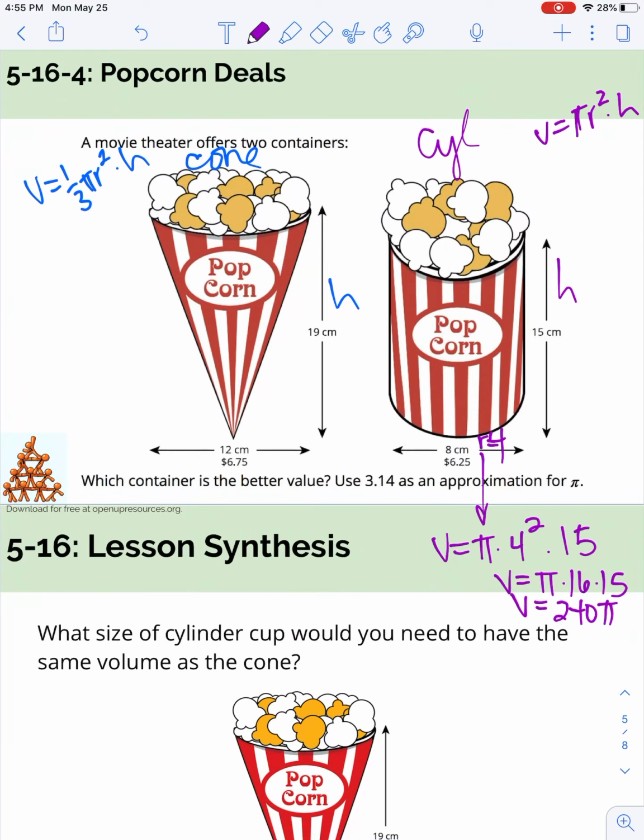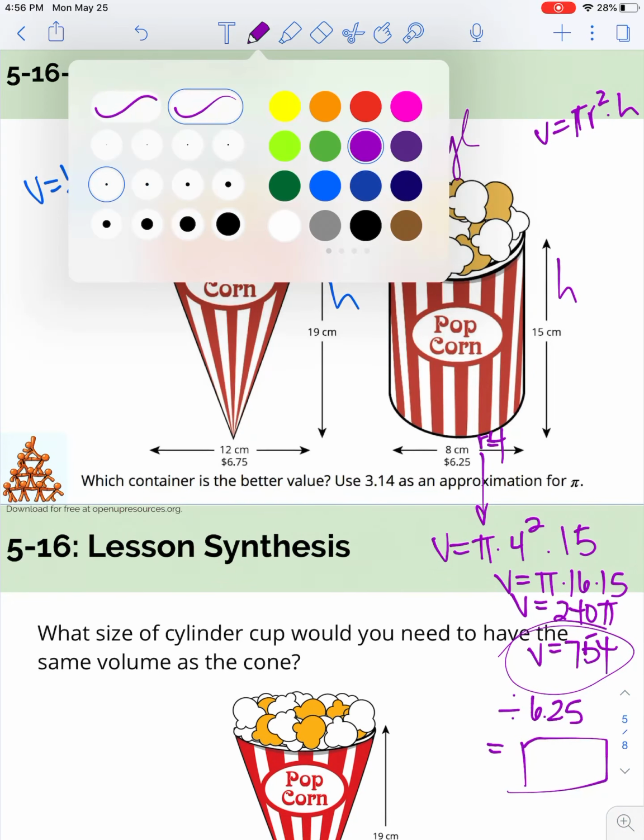So that's about 754. And then to get the cost per cubic centimeter or whatever, you're just going to take this number and divide it by 625, and then you're going to get some answer. You're going to compare it to this other one. So now we're going to solve the other one.